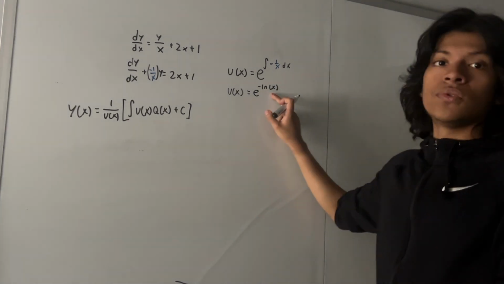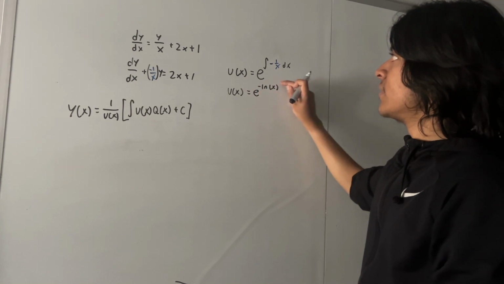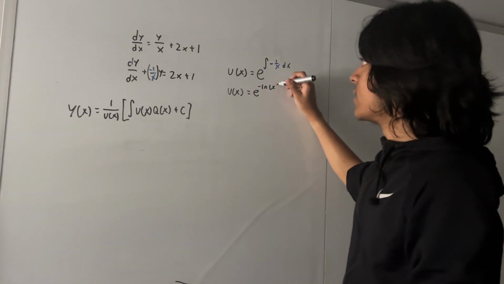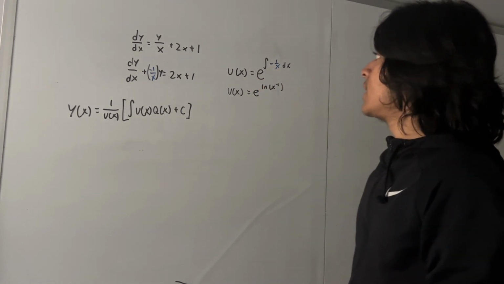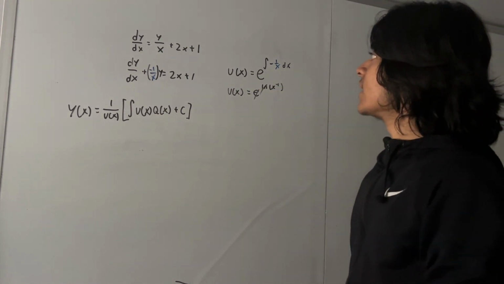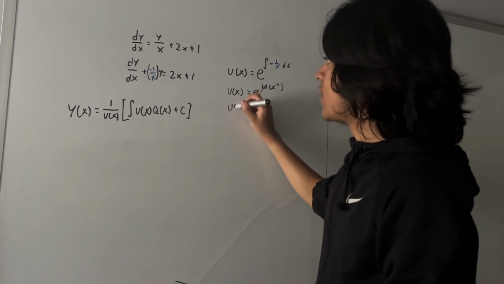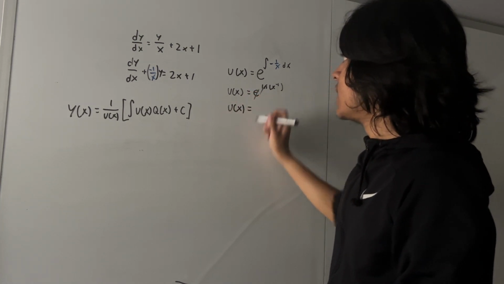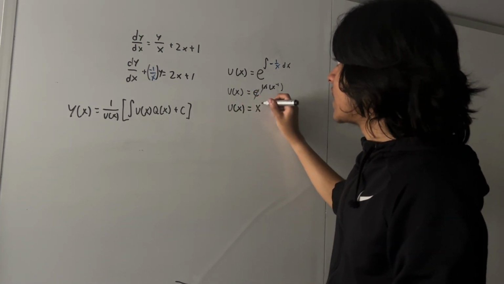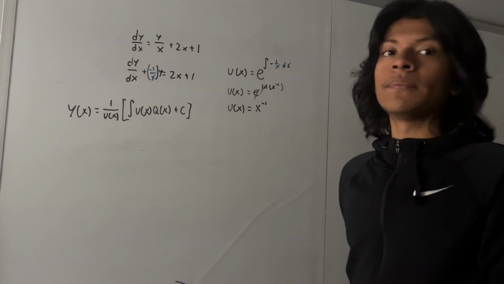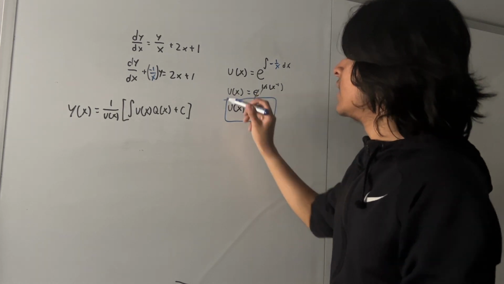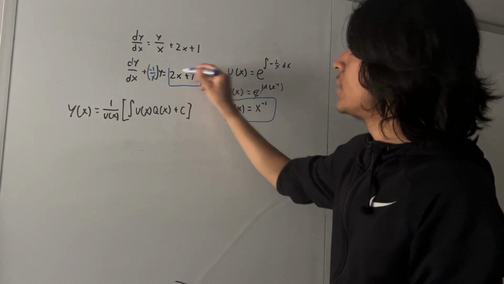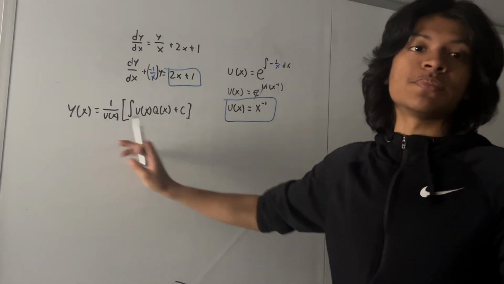By log rules, we could put this negative on the top right here. So it's x to the power of -1. So that way this e and this ln can cancel out. So now we get u of x is equal to x to the -1. So here we have our u of x, here we have our q of x, and now we could just plug them in.